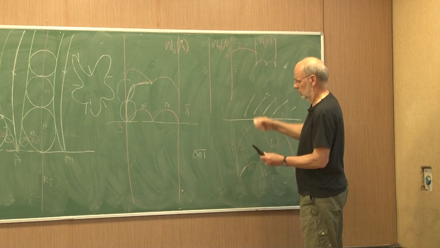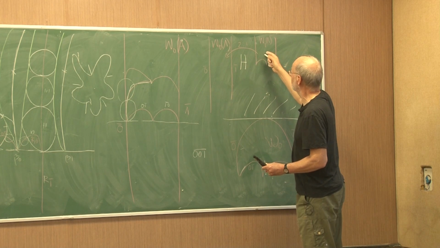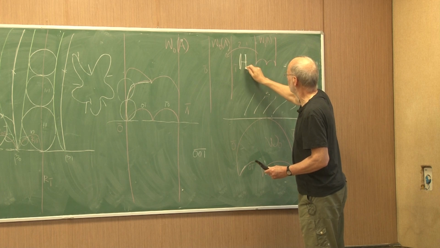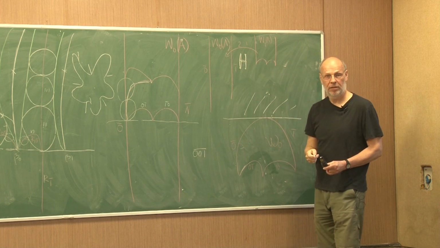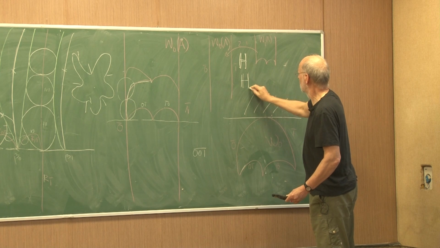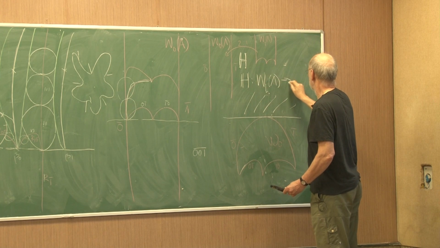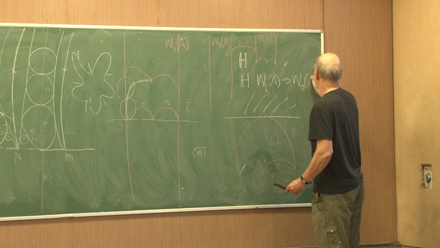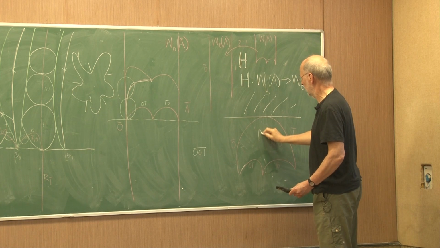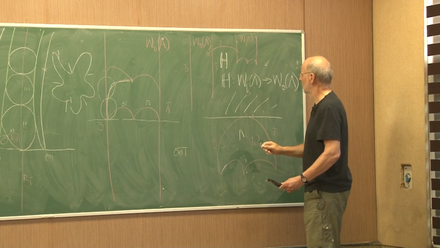So let's call this map the restriction here, maybe fat h or something like that. So fat h is from W1 of lambda to W0 of lambda, and we take lambda in the disk W1 here.